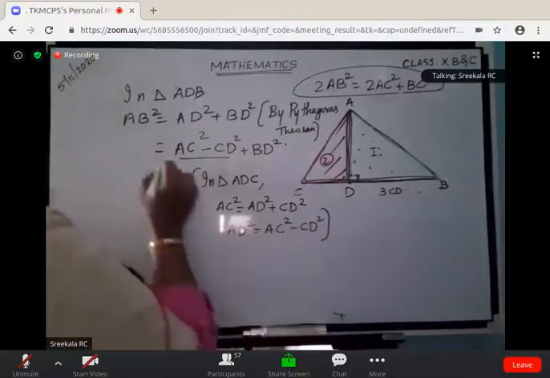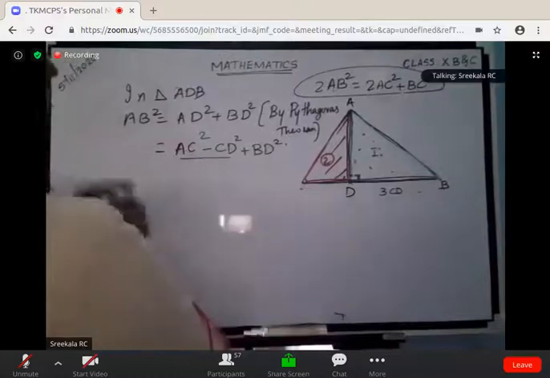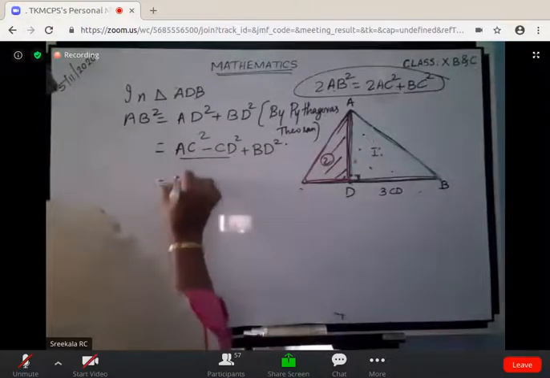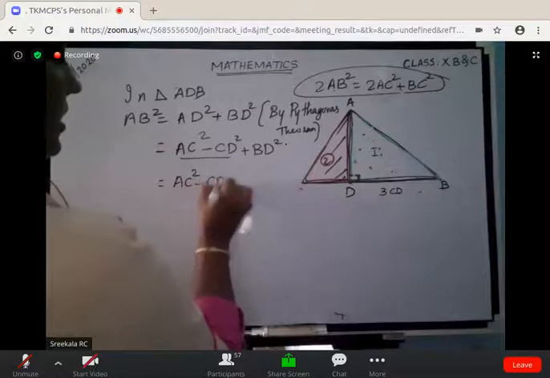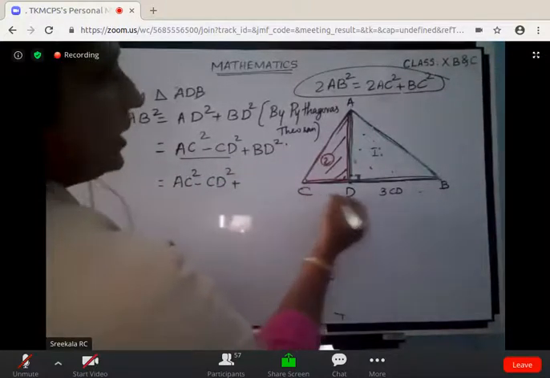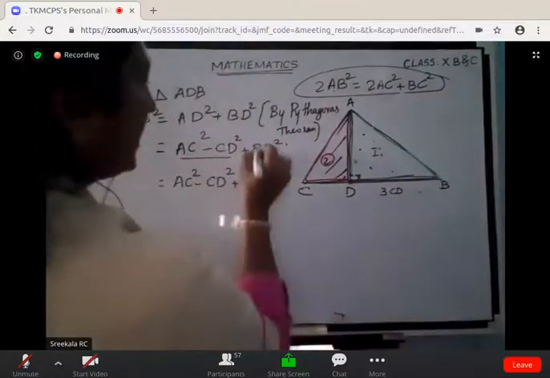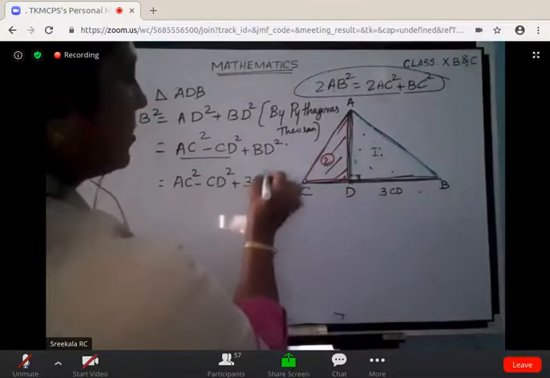So after that, here again you can write AC square minus CD square plus BD. BD means that's equal to 3CD. That is given. BD can be written as 3CD the whole square.